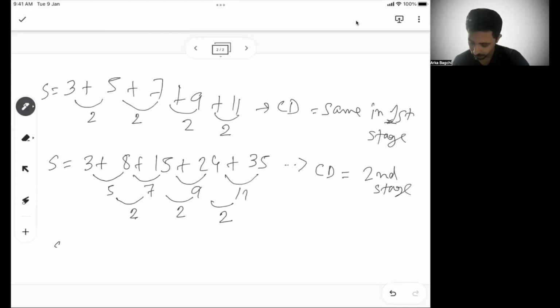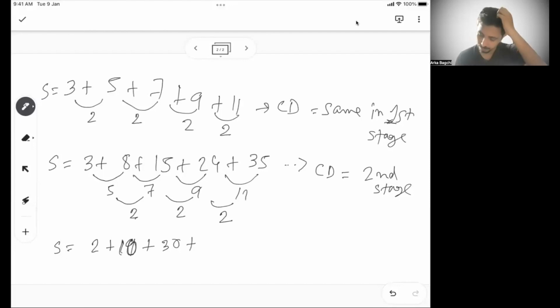Now there may be another problem which talks about 2 plus 10 plus 30 plus 68 plus 130, and so on.